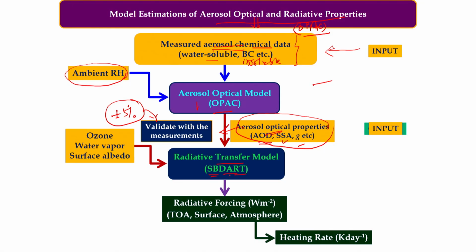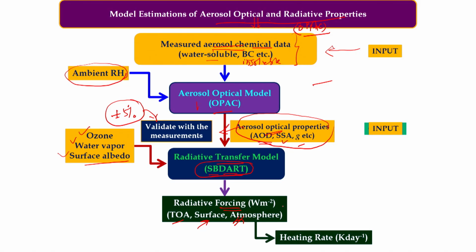So, in this SBDART model, you put all the parameters along with some other parameters, so ozone, water vapor and surface albedo. This is very important because you have to consider different types of surfaces where you are measuring, over the land or over the ocean. So, the parameters will be different, and when you put this in, it will give you radiative forcing values at the top of the atmosphere, surface and atmosphere.